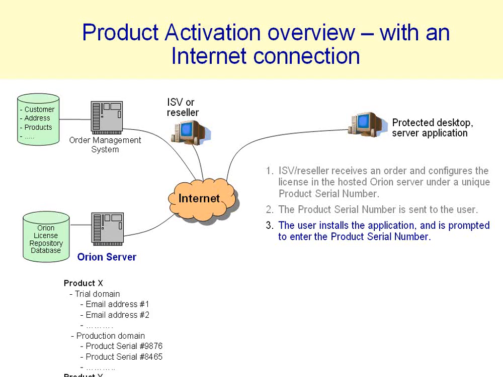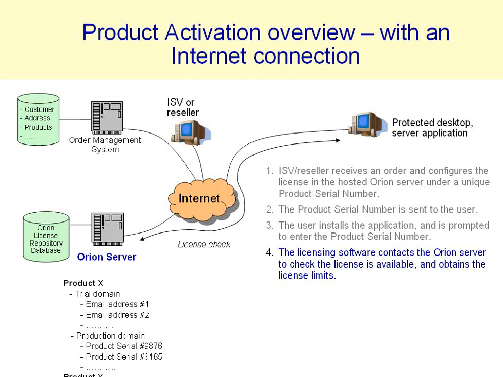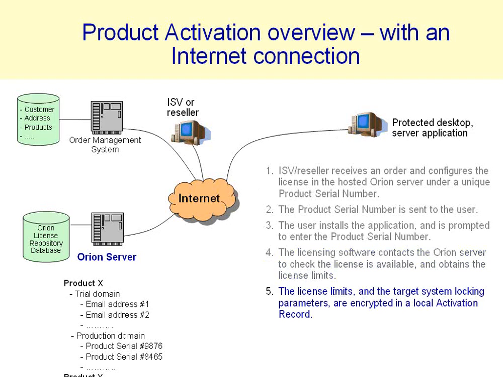So they enter that product serial number, copy and paste it out of the email perhaps, and at that point the Orion client software that's built into your application connects to the Orion server and asks, is this a valid product serial number that's not previously been used to activate a license? And what are the license limits that were set up in the Orion server for me to apply to this instance?